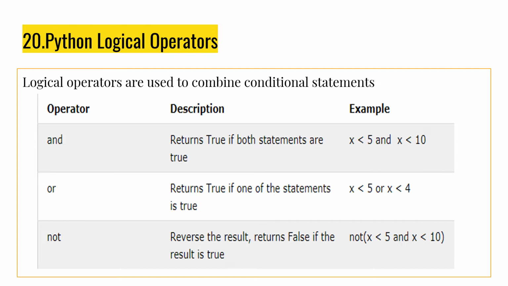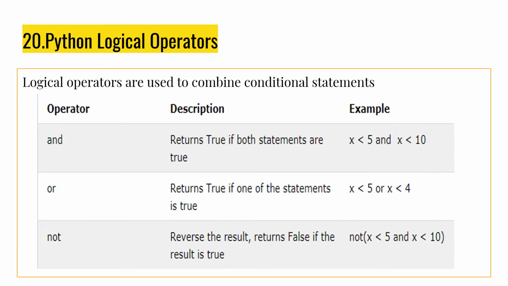There are three types of logical operators: and, or, not. And returns true always if and only if both the statements are true, which is not the case with or, which is very liberal. In fact, if any one part of the logic is true, it will return true.